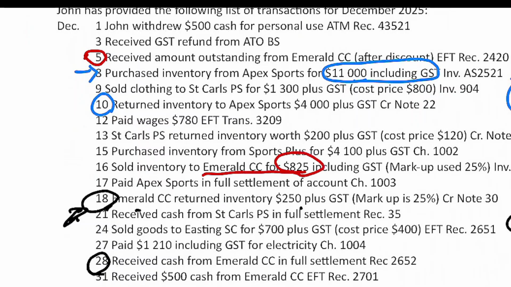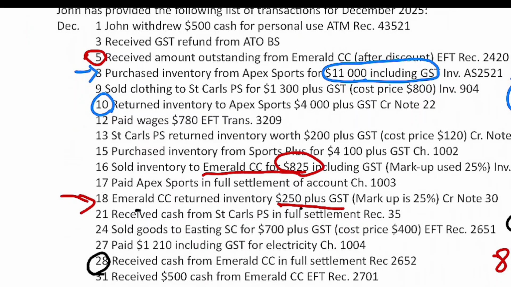So that means Emerald owes us 825. Then what happened on the 18th? Return 250 plus GST.